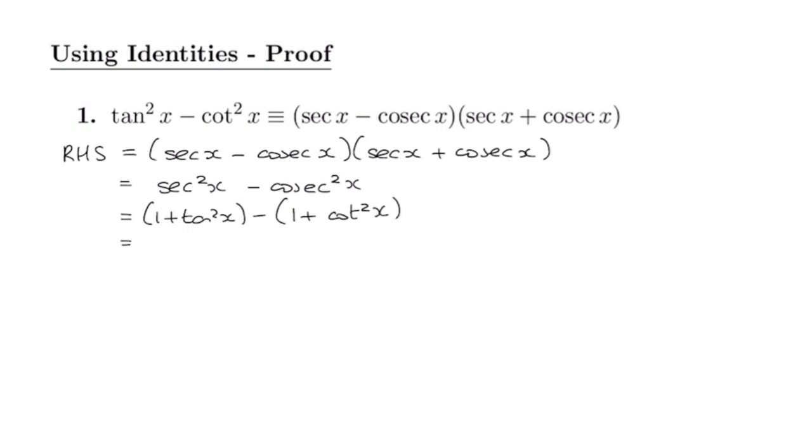If you then expand that, you get 1 plus tan squared x minus 1 minus cot squared x. And of course the ones cancel each other out, and you get tan squared x minus cot squared x, which of course equals the left hand side. And that's what we're trying to do when we do a proof.